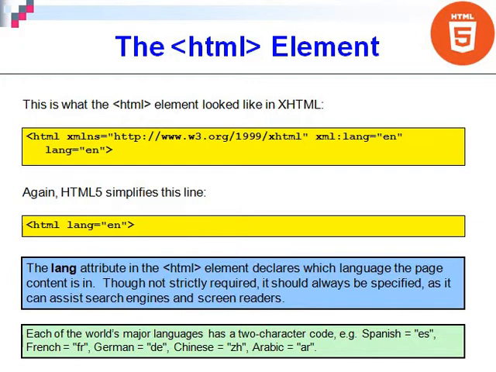The lang attribute declares which language the page content is in. It can assist search engines and screen readers. En stands for English. For the French language, FR is used. For German, it is DE. Likewise.